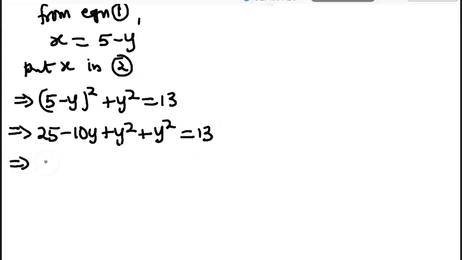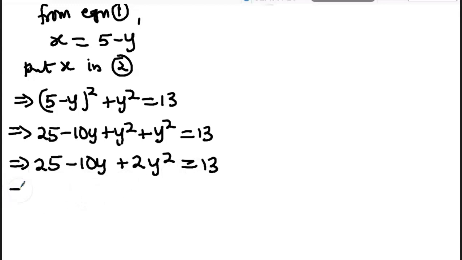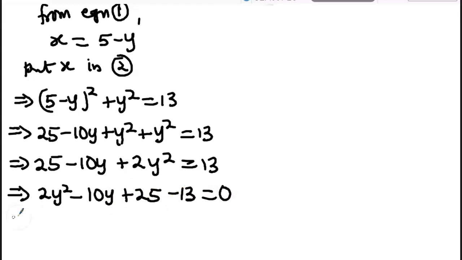So we can group the like terms. 25 minus 10y plus 2y squared is equal to 13. So let's rearrange this and then once again group the like terms. So 2y squared minus 10y plus 25 minus 13 is equal to 0.